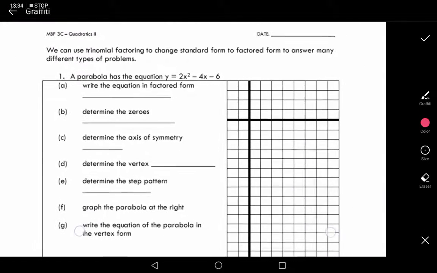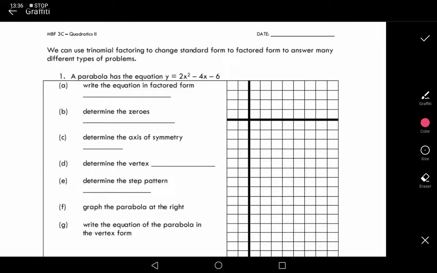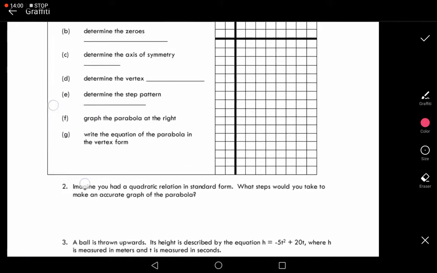It says we can use trinomial factoring to change standard form to factored form to answer many different types of questions. Okay, so this first one I'm going to have you do on your own because it's very, very similar to the question we just did on the other side. Where we factor, we determine the zeros, the axis of symmetry, the vertex, the step pattern, and graph.